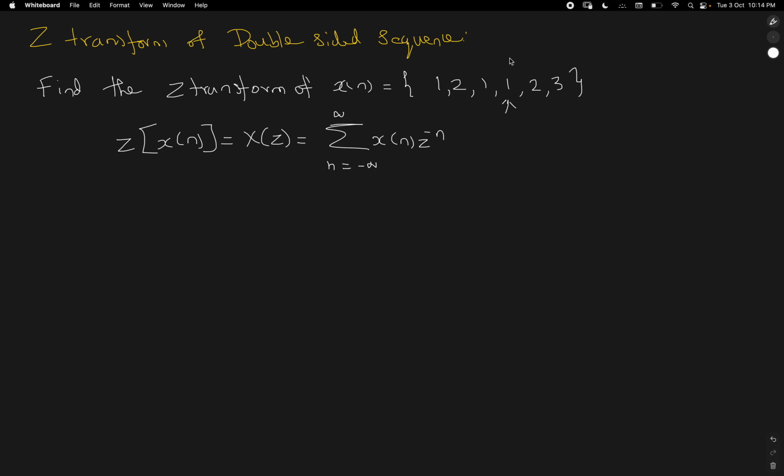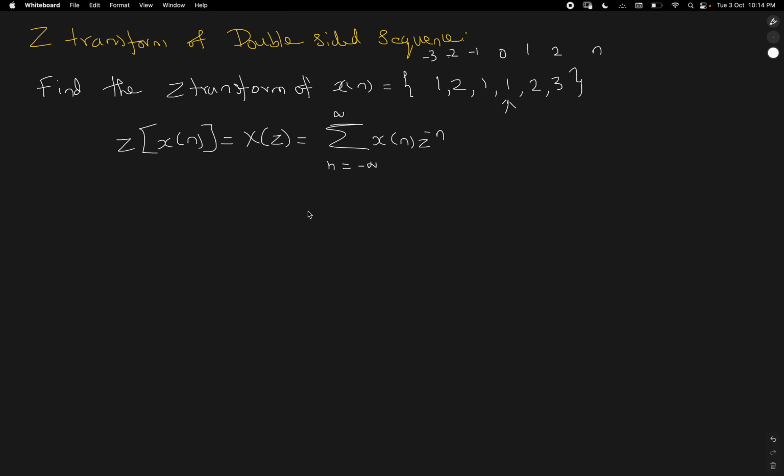As you know, the arrow indicates the value of n equal to 0 at this point. So the right side of that arrow denotes n equal to 1 and n equal to 2. The left side of the arrow denotes n equal to minus 1, minus 2 and minus 3 respectively.